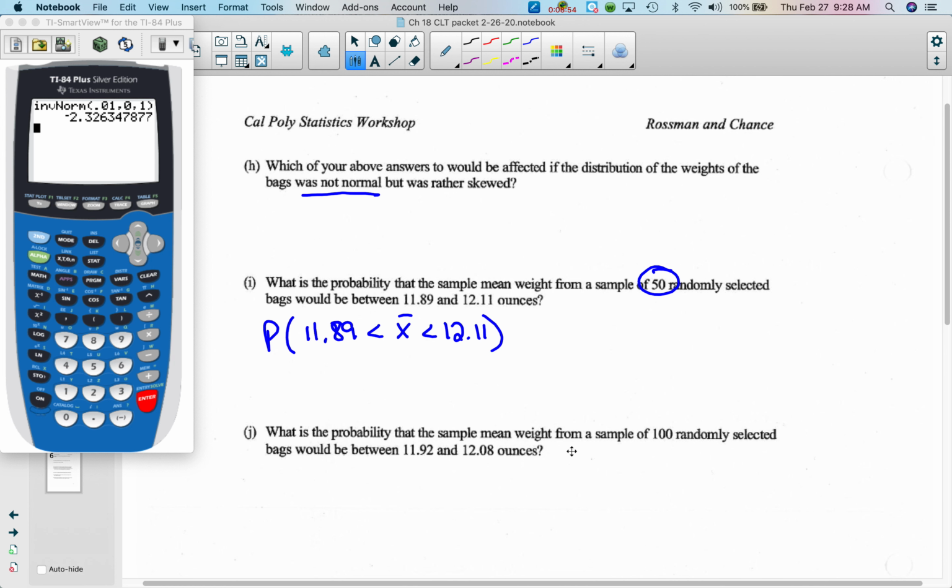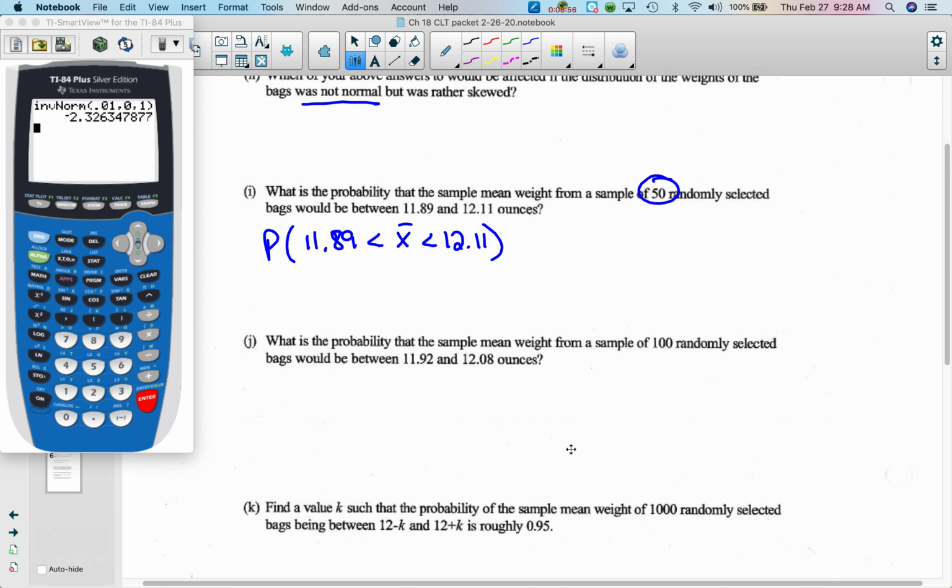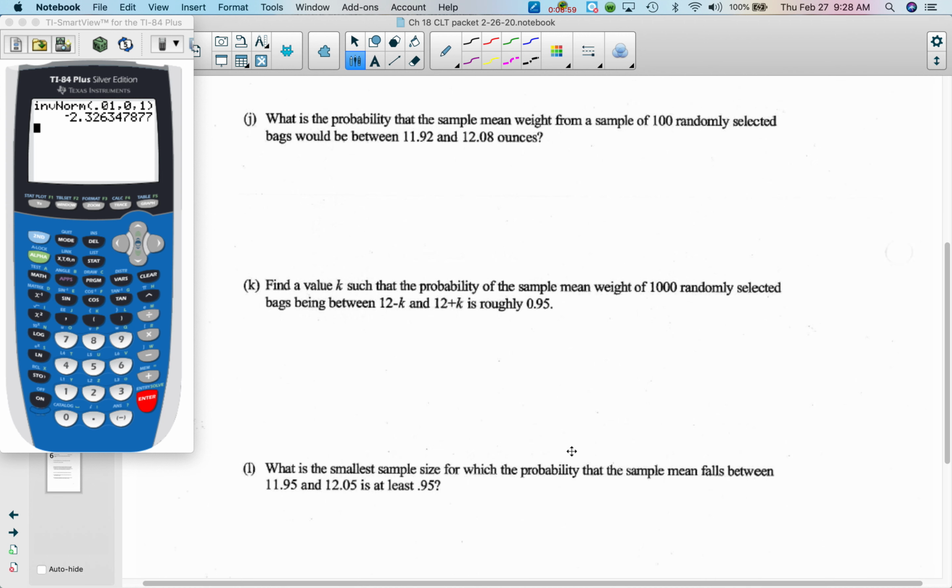And then you do a similar approach on part J. Okay, this one, part K, give it your best shot. Go ahead and try those. I'll tell you right now, on part K, you are going to have to use that formula that I talked about, where z equals x bar minus mu sub x bar over sigma over the square root of n. So you will have to use this strategy.